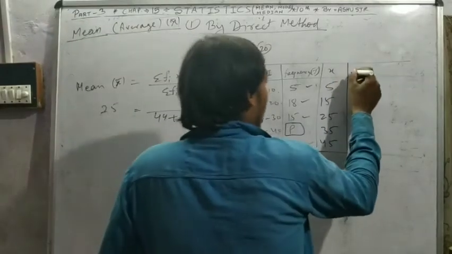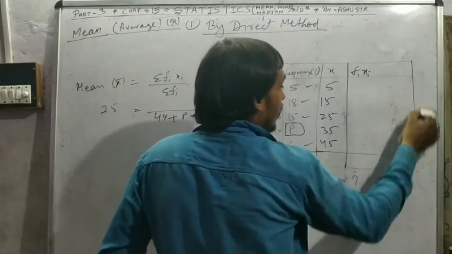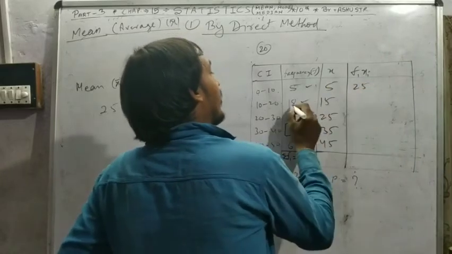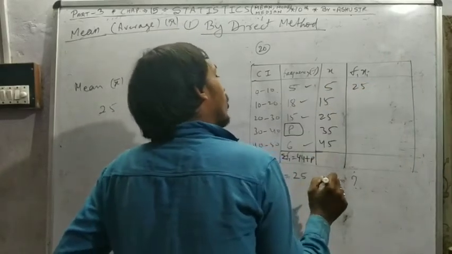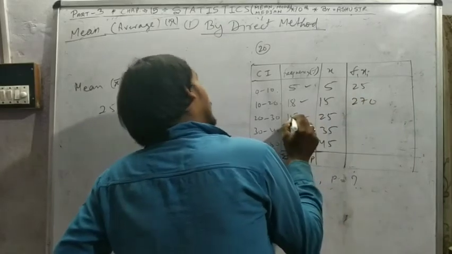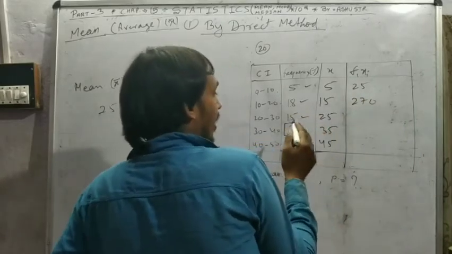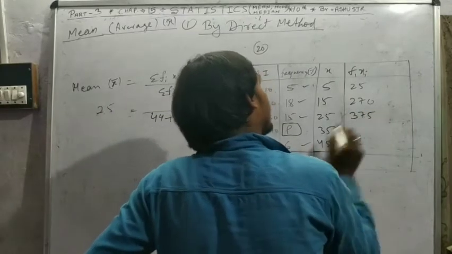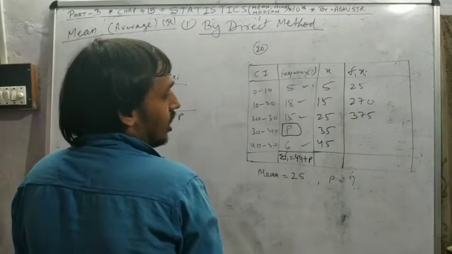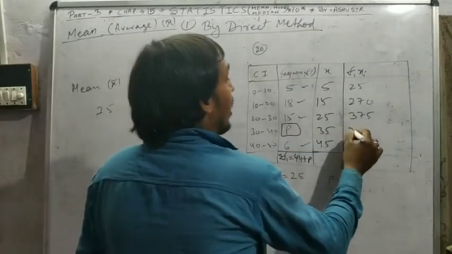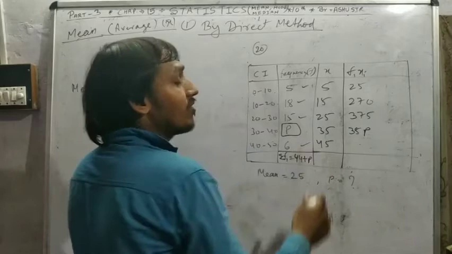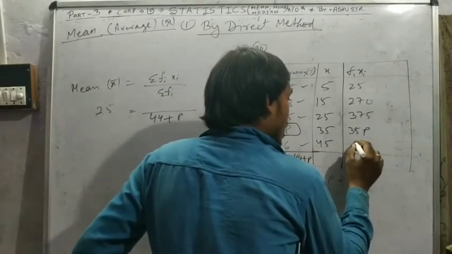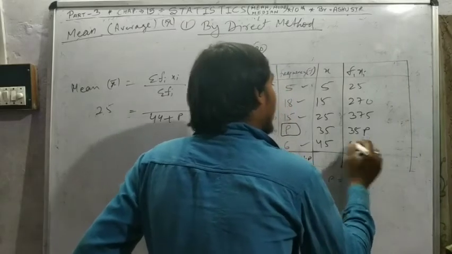Complete the table for fx. 25 into 15, 18 into 15 is 270, 15 into 25 is 375, then 35P, 645, 270.